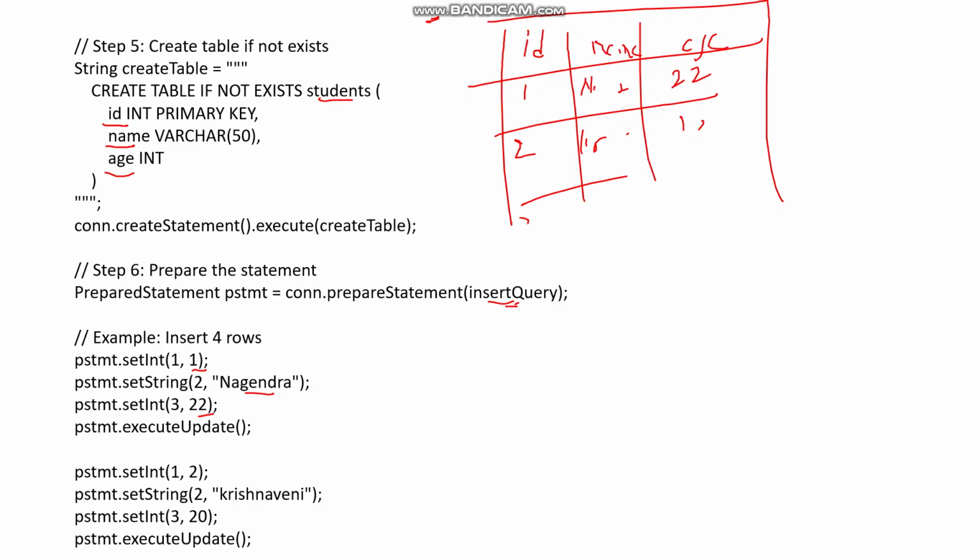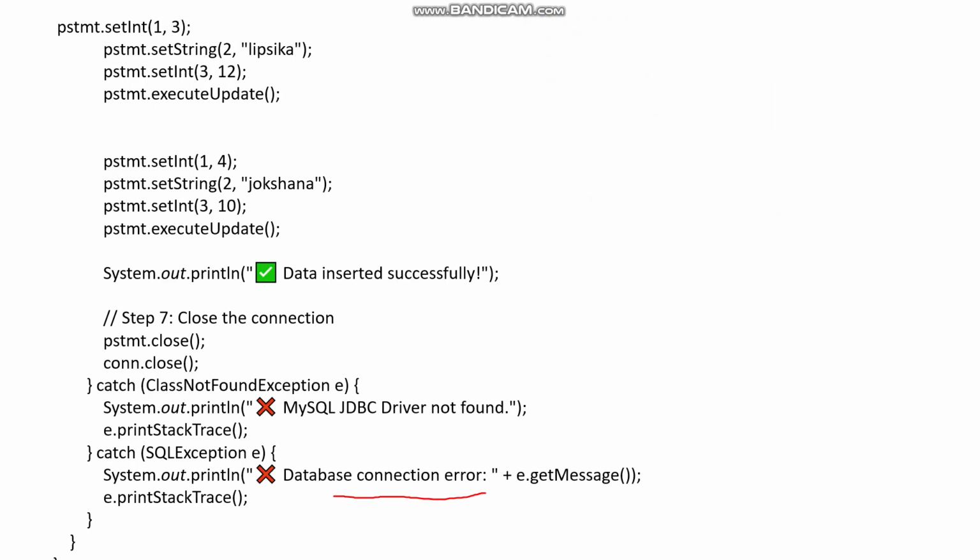After that, pstatement.setInt(1, 4) for the fourth ID, and pstatement.setString with the name Jokshana, and pstatement.setInt(3, 10), so 10 will be inserted. This is the fourth record: ID is 4, the name is Jokshana and the age is 10. pstatement.executeUpdate, and this will be inserted into the database.